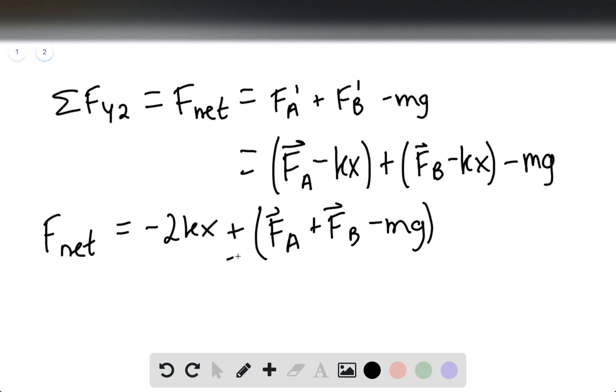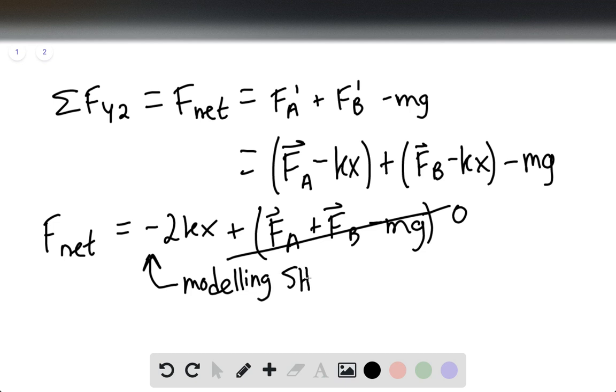So we can actually eliminate this entire term. So again, F net is going to be equal to negative 2kx. This is modeling simple harmonic motion with an effective spring constant, k effective, equaling 2k.